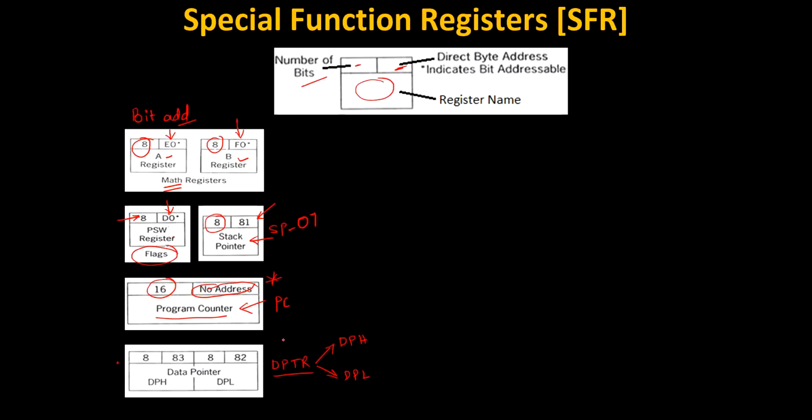So totally it is 16-bit, with an 8-bit DPH and an 8-bit DPL each. The starting address is 82, which is the lower order, and 83 is the higher order. So remember, after the stack pointer, the next register is the data pointer register.